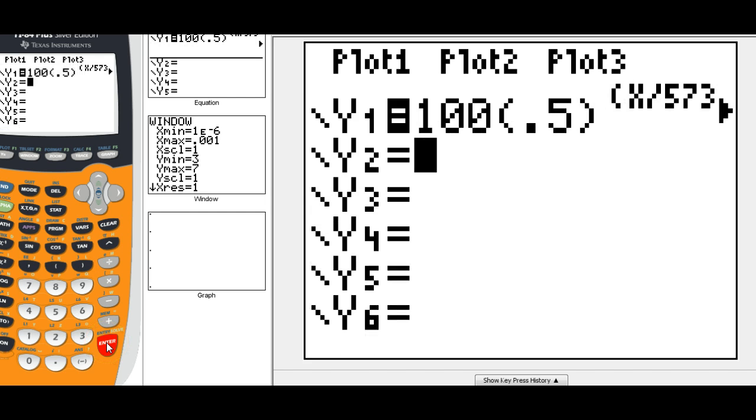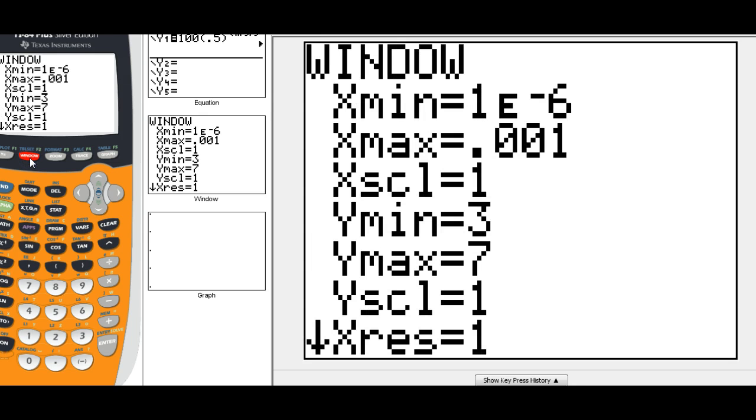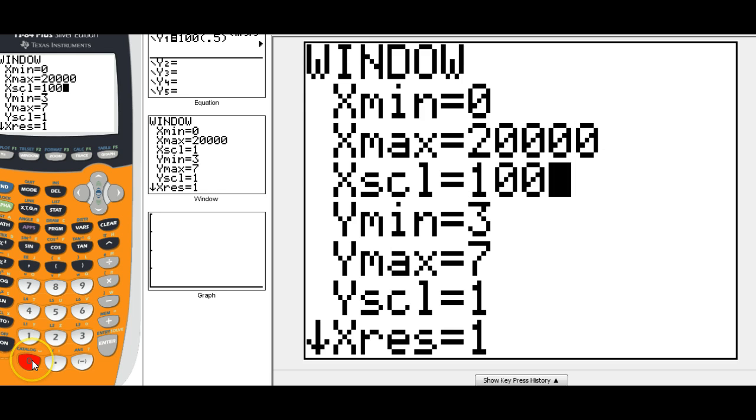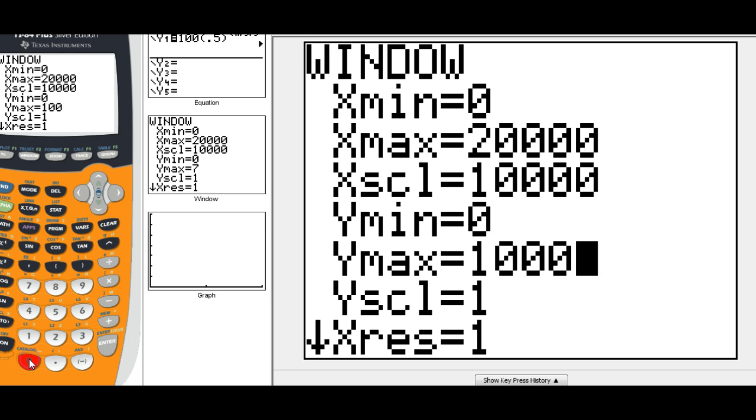Enter. Window setting to make this graph appear: we're told in our notes that x should have a minimum of 0, a maximum of 20,000, and go by a scale of 10,000. Y should have a minimum of 0, maximum of 100, and go by a scale of 50.